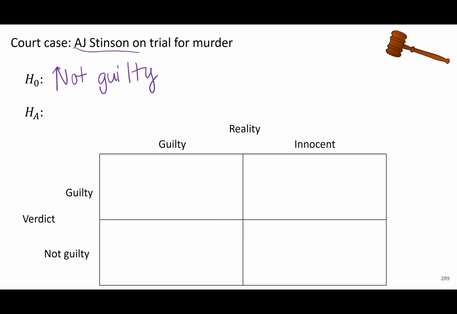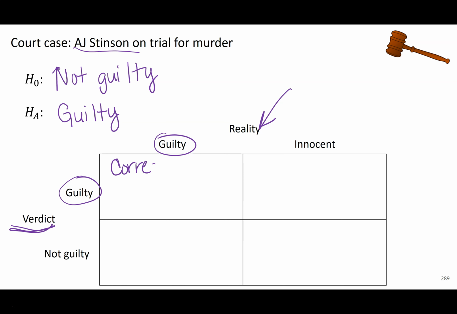And if you get enough evidence, you'll decide the null is not true and you'll go with guilty. So I have 4 scenarios here. Here's reality. So reality here, they're guilty. And here's their verdict. So if the person's guilty and we find they're guilty, this is a correct decision. Right? So we want to be able to find someone guilty when they are guilty. Good news.